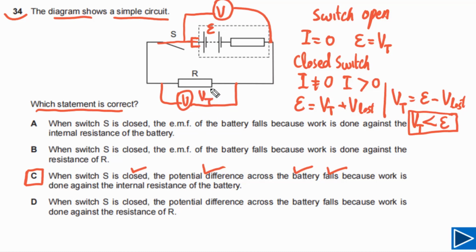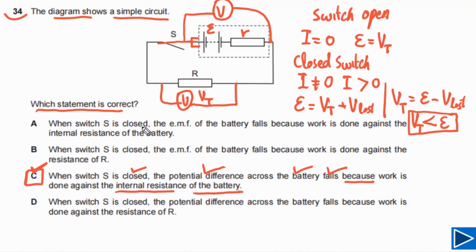This terminal potential difference will be less than EMF because some work has been done against internal resistance. Some of the electrical energy will be converted into thermal energy, because work is done against the internal resistance of the battery. So this one is the correct option.